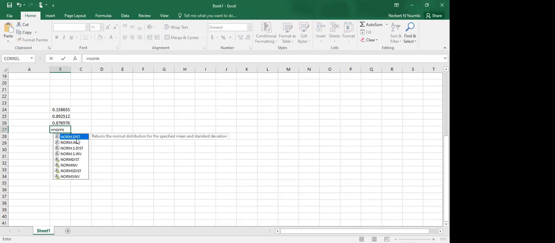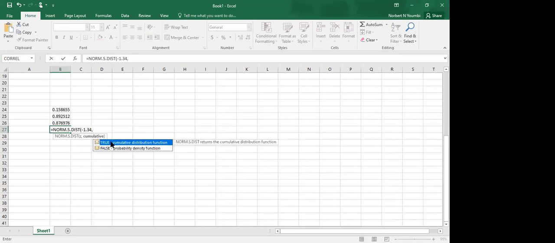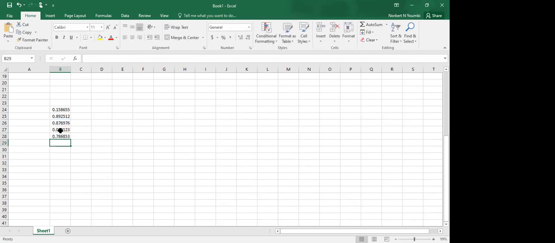This doesn't take time. Negative 1.34. Cumulative. Then you do the upper part minus the lower part. You get the answer.